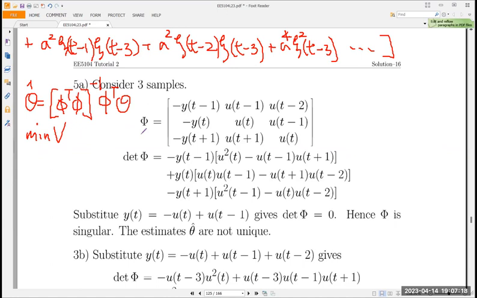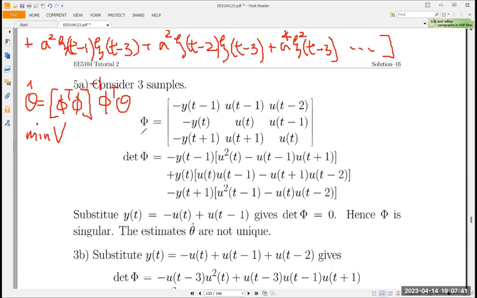Then don't forget there's a controller. The controller was given by this equation: u is equal to the previous u, then minus y or something like that. So the controller does calculation like that. And this is the determinant of phi.